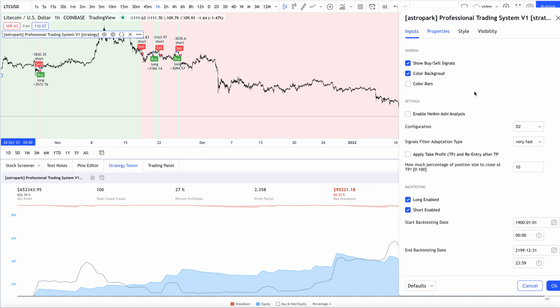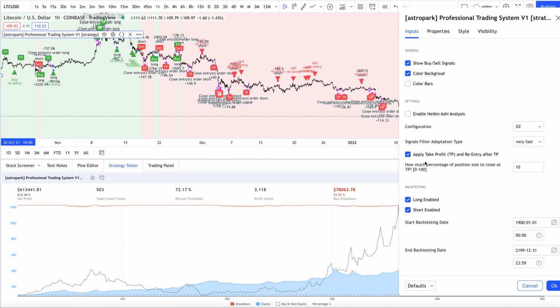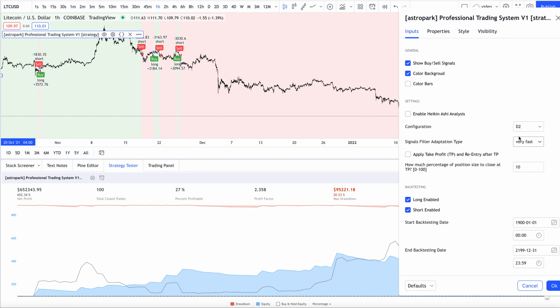Great. So the drawdown is good now. Acceptable. But the profit does not change very much.